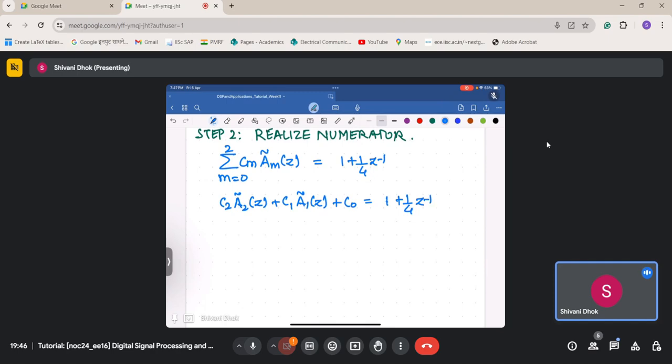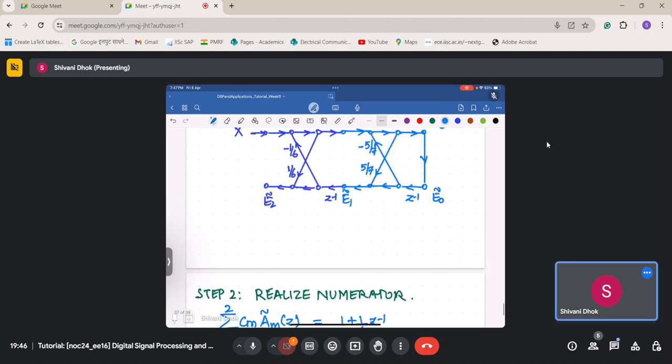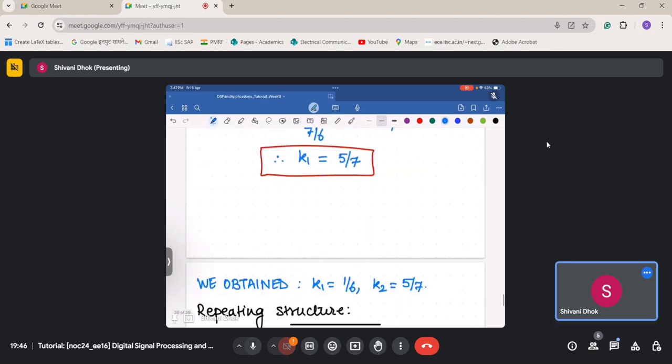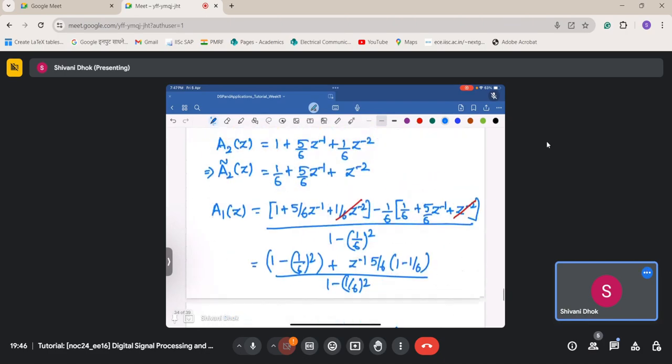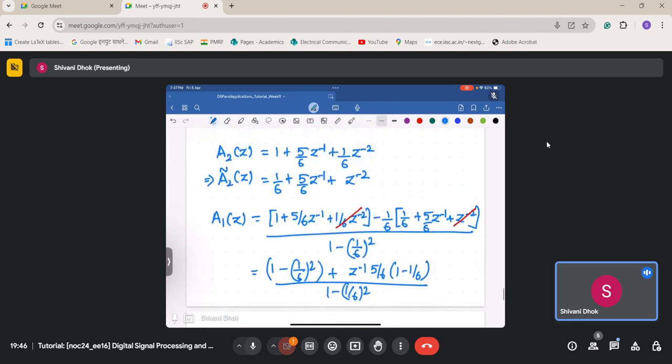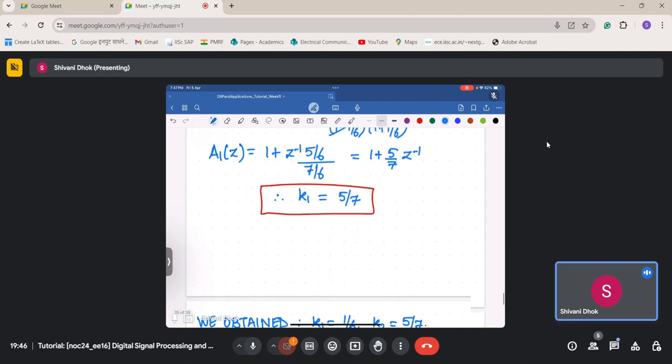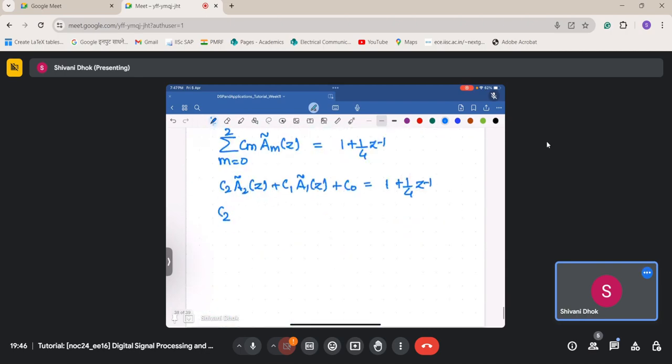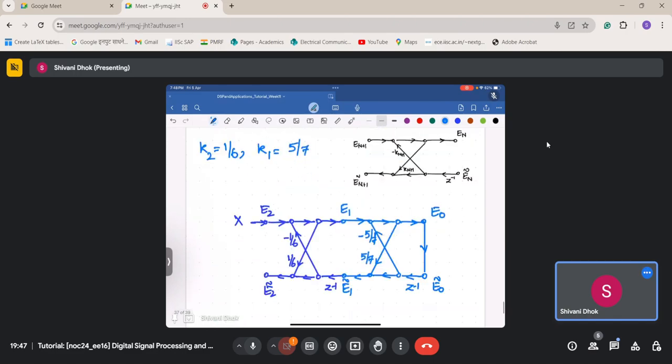Now I'll substitute a2 tilde z and a1 tilde z. So c2 into a2 tilde, which we had found out: a2 tilde was 1 by 6 plus 5 by 6 z inverse plus z to the power minus 2. So this is 1 by 6 plus 5 by 6 z inverse plus z to the power minus 2, plus c1 into a1 tilde z.